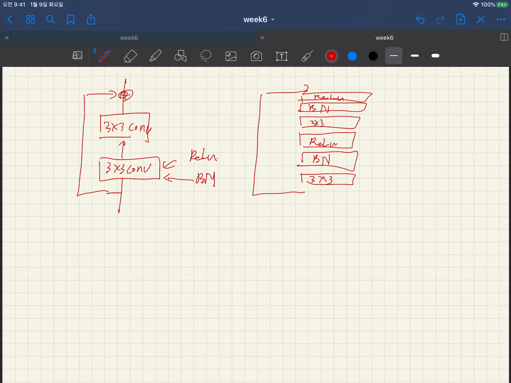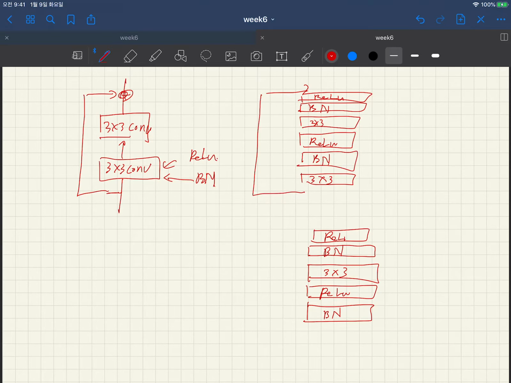This is possible, but this is also possible: batch normalization first, ReLU next, 3x3 next, batch normalization, ReLU, and 3x3. Okay, so there are many different combinations.